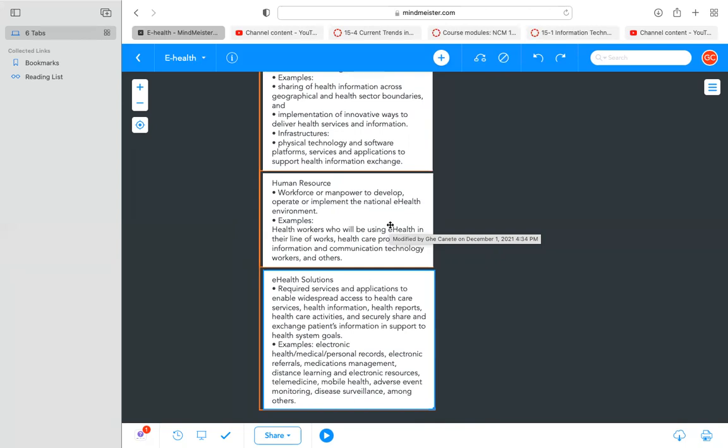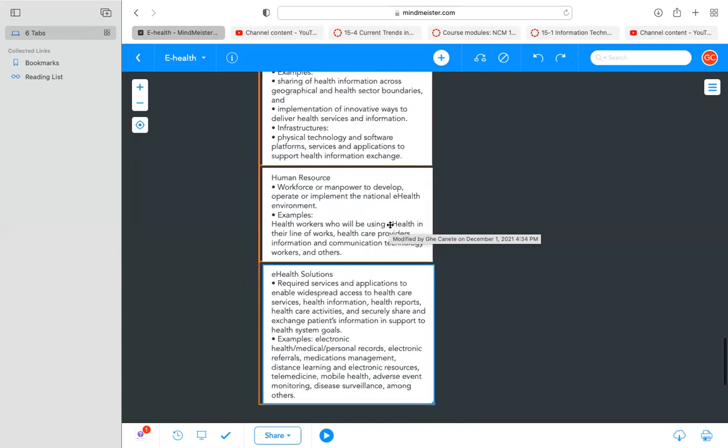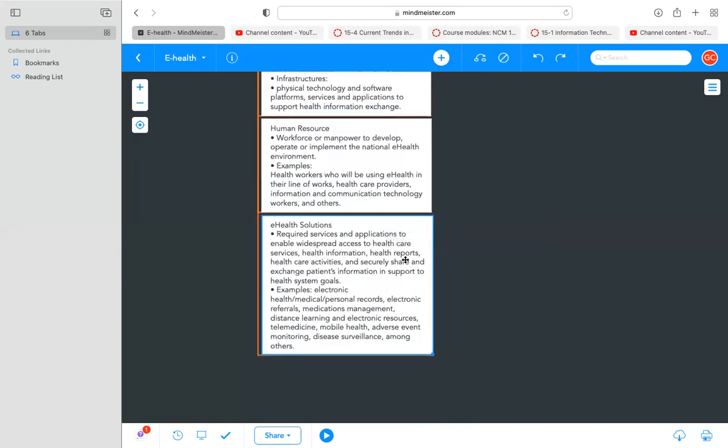Okay, for e-health solutions, these are required services and applications to enable widespread access to healthcare services, health information, health reports, healthcare activities, and securely share and exchange patients' information in support to health system goals. Examples of these e-health solutions would be the electronic health records, the electronic medical or personal records, electronic referrals, medications management, distance learning, and electronic resources.